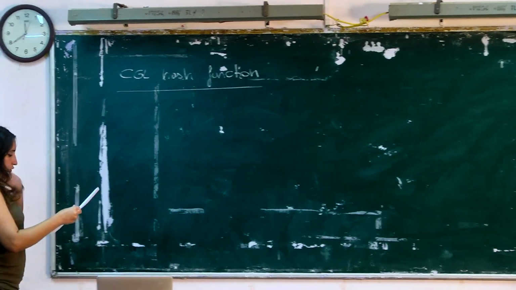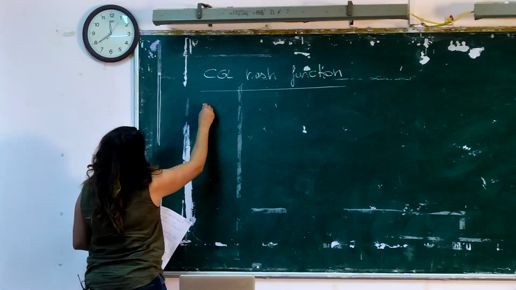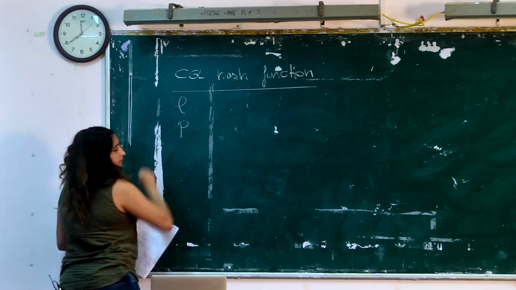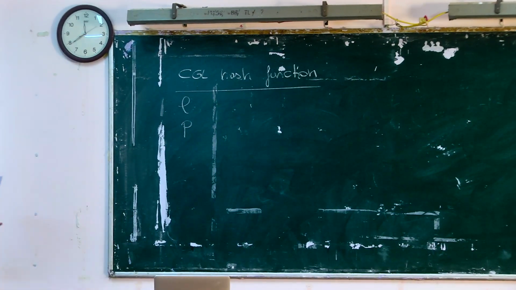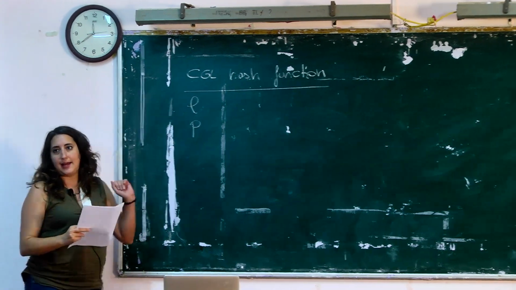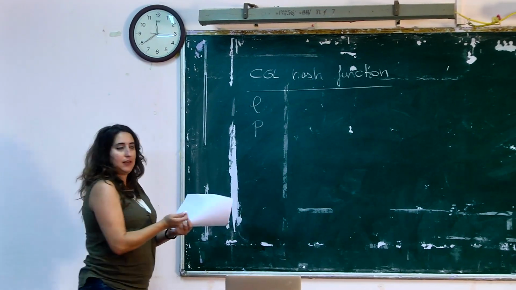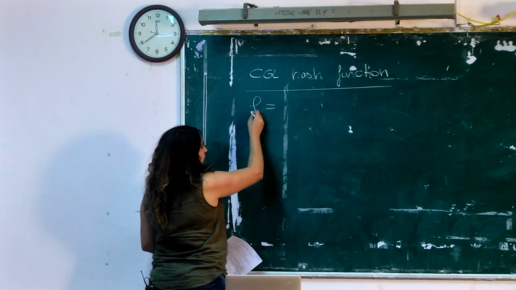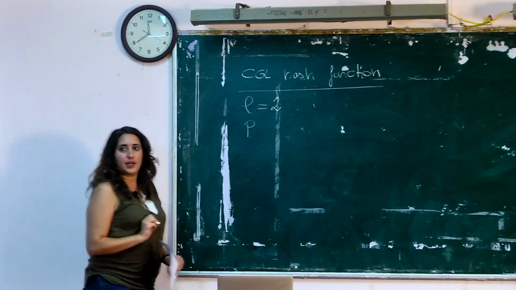Okay, what we're going to do, we're going to fix two primes, l and p, okay? The hash function is proposed with a generic l, but we are going to work in an easier context when l is equal to 2, okay?